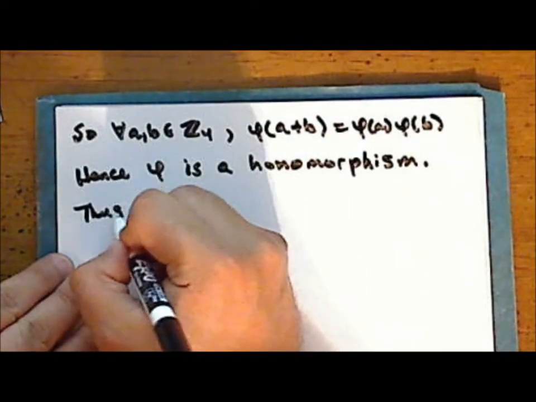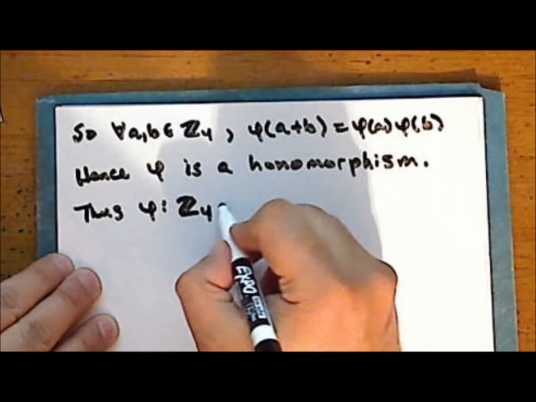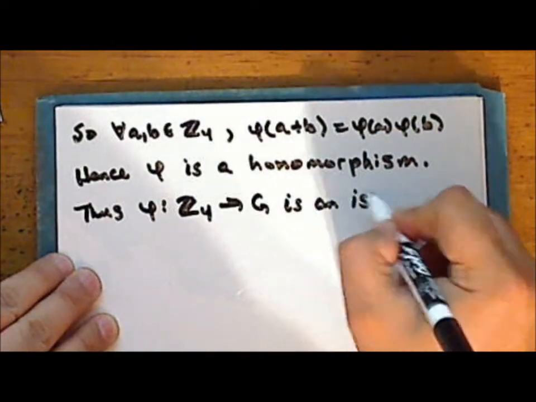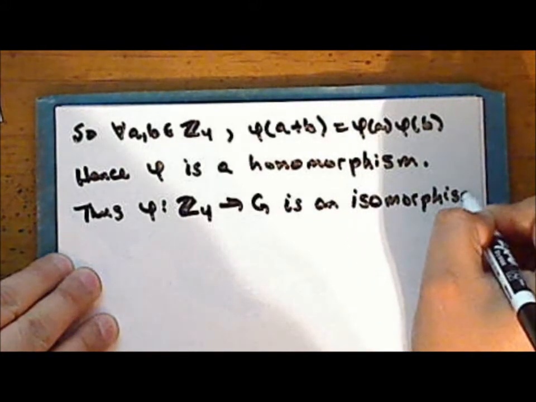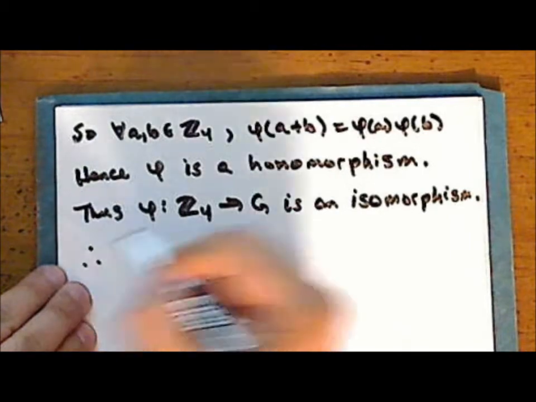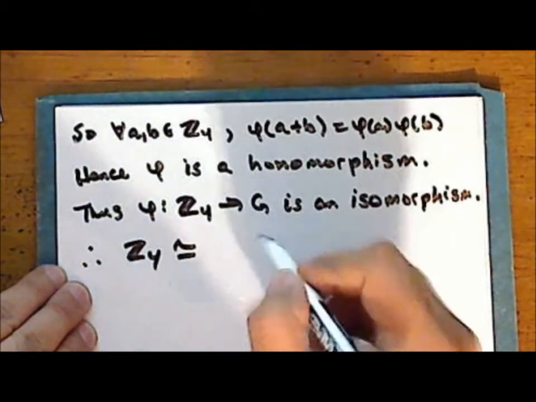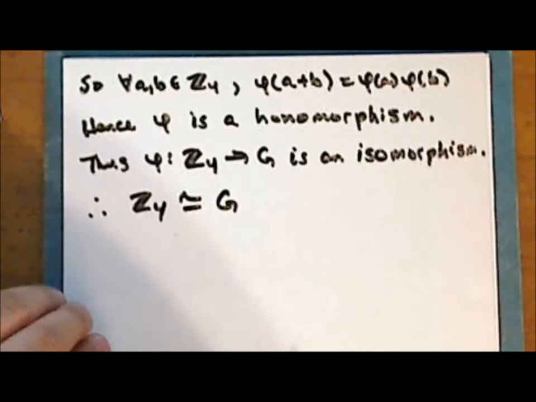And thus the map phi, which is a map from the integers modulo 4 into the set G, is an isomorphism. And therefore, the integers modulo 4 is isomorphic to the set G under multiplication.